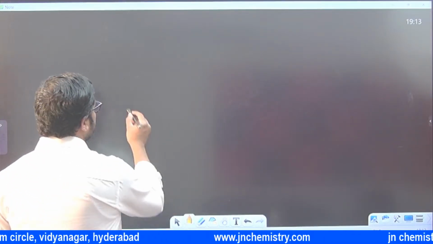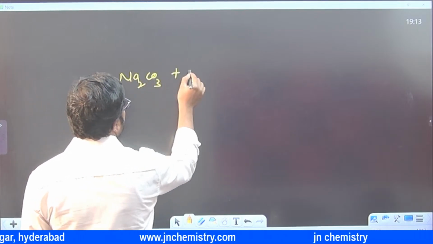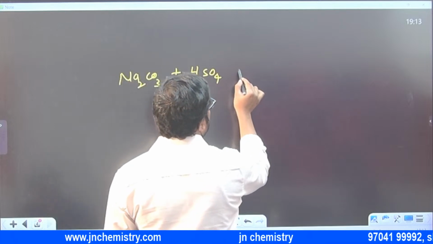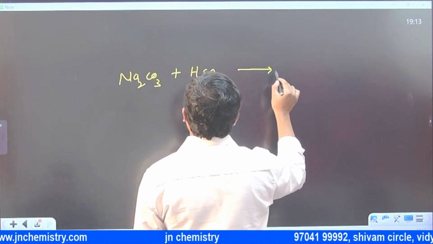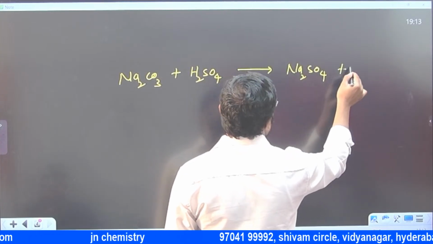Na2CO3 plus H2SO4 gives Na2SO4 plus H2CO3.